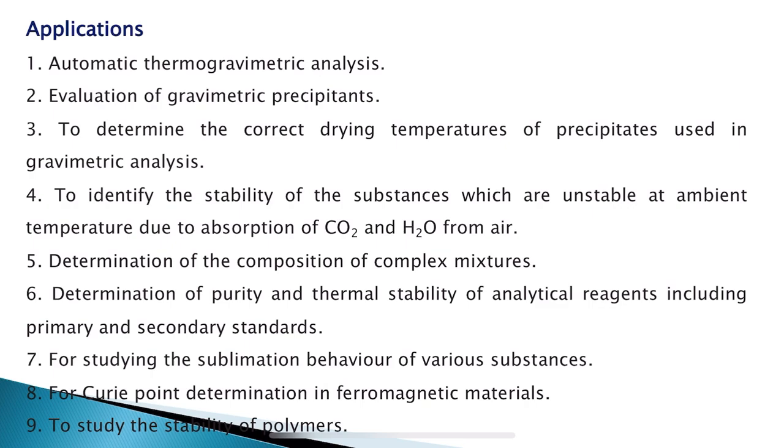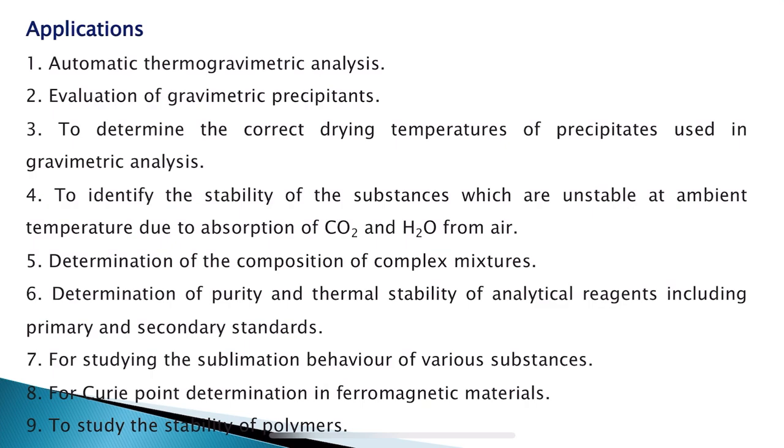And the next application is to study the stability of polymers. Polymers have long chain structures, with n number of similar structures. The stability of polymers also can be studied with the help of thermogravimetric analysis.